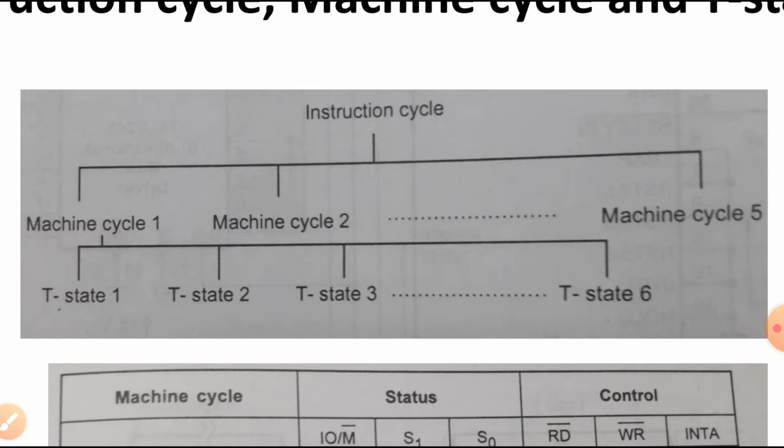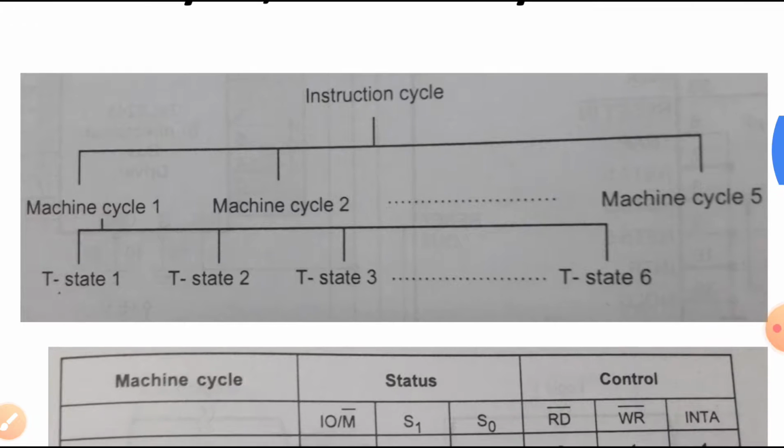So, machine cycle is nothing but the number of times the processor has to go to the memory or the input output device for executing the various operations. And the number of machine cycles constitutes the instruction cycle.